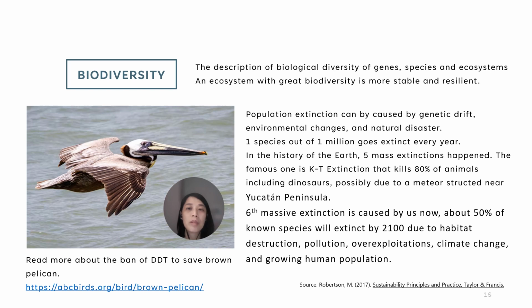About 50% of known species will go extinct by the year 2100 due to habitat destruction, pollution, over-exploitation, climate change, and the growing human population. Read more about the ban of the pesticide DDT to save the brown pelican.